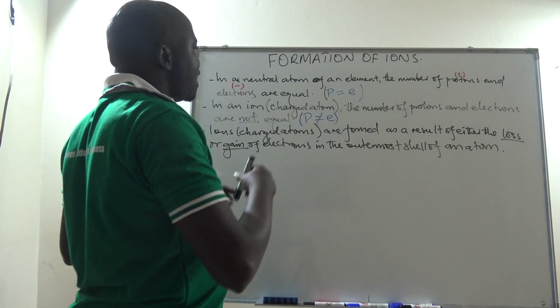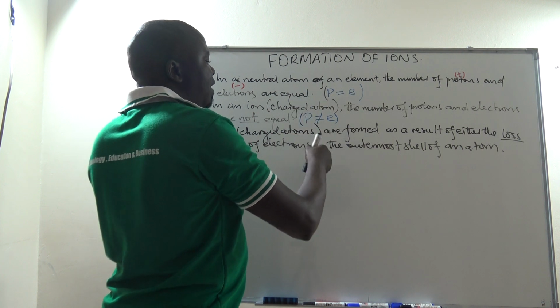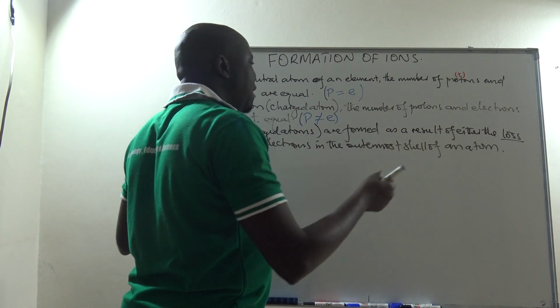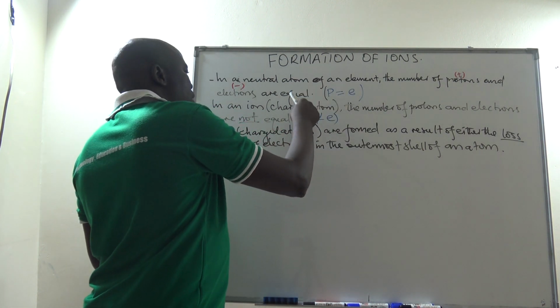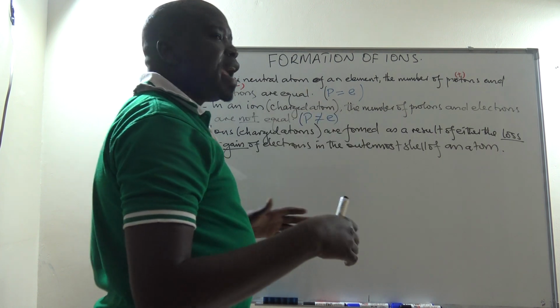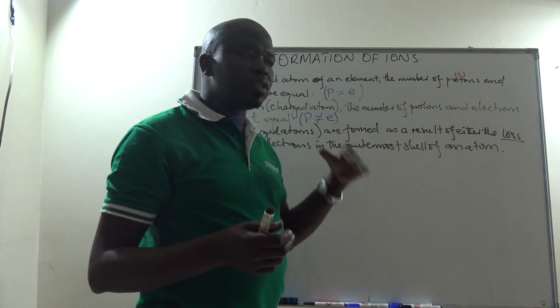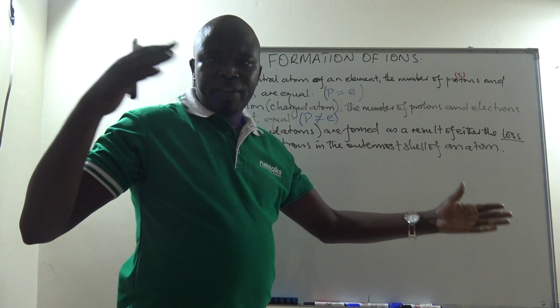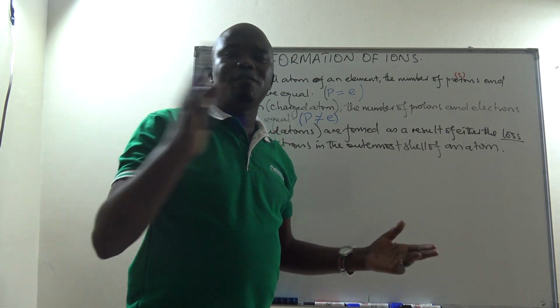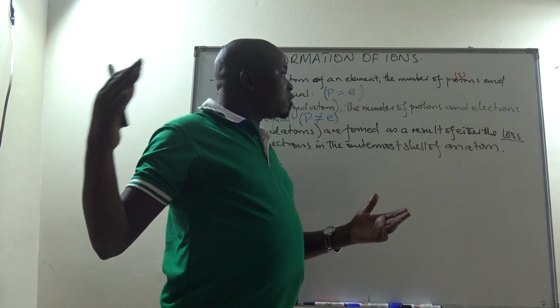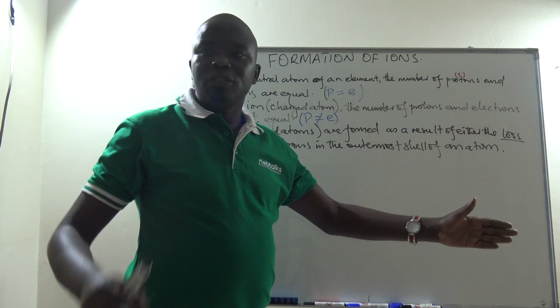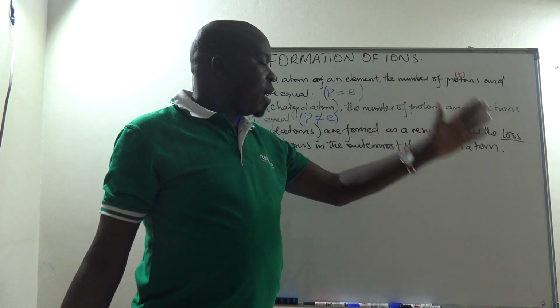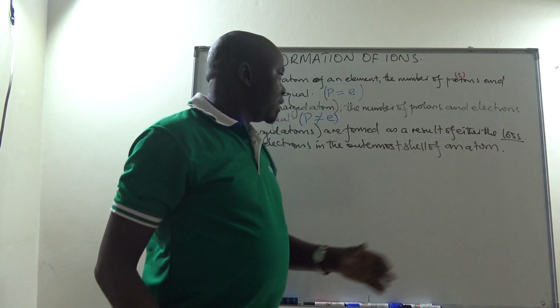Reason being, either the number of protons is more than the number of electrons, or the number of electrons is more than the number of protons. So you find that either the positive charges or the protons tend to outweigh the negative charges or the electrons, or vice versa, whereby the electrons may be more than the protons. So the negative charges outweighing the positive charges.